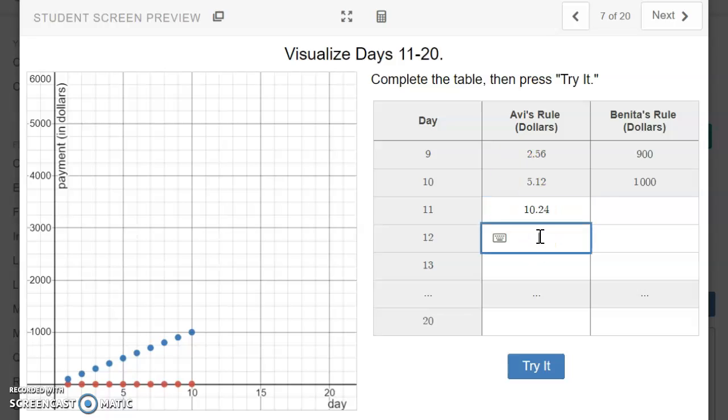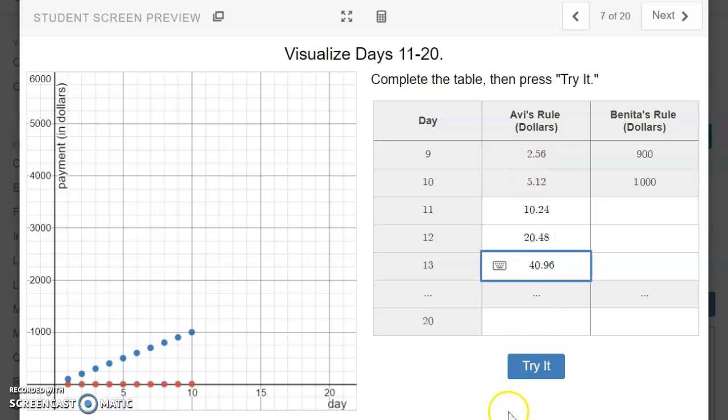And doubling that is going to be $20.48. And then doubling that is going to be $40.96, and so on.